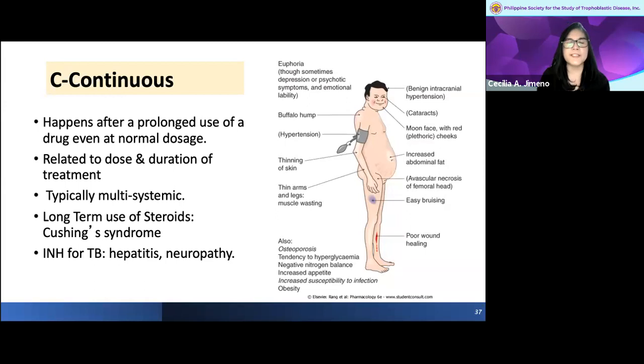The most common examples of these are drugs which are maintained for several weeks and months, leading to systemic diseases, such as when you give steroids for a long period of time, you develop obesity, osteoporosis, hypertension, diabetes. Or for the drugs for tuberculosis like INH, with prolonged use, it can result in hepatitis and neuropathy.